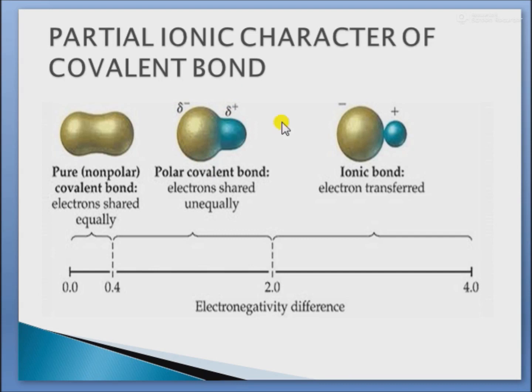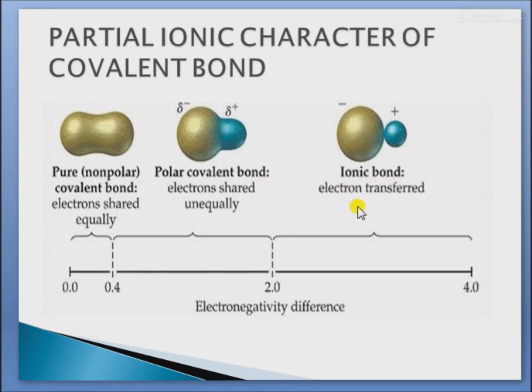And when the electronegativity difference increases from 2.0 to 4, the electrons are completely transferred to one of the atoms, and they acquire complete negative charge and complete positive charge, and the bond formed is called ionic bond.